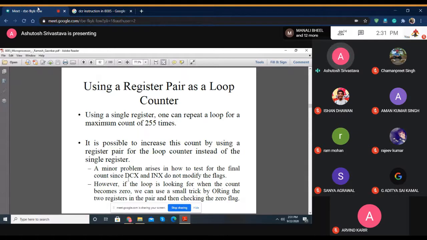When you are using a register pair, there is a small glitch when you are using DCX or INX, as these instructions do not modify the flags.